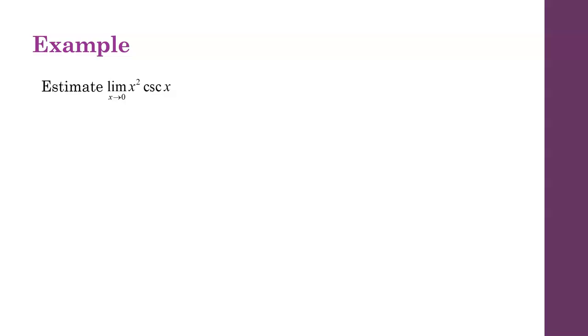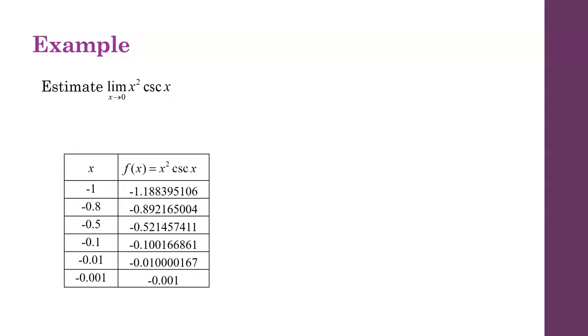And if I follow the same process, if I look at the values of the function as I plug in those x values into x squared cosecant of x, these are what I would get. And notice in this case, the value of the function is not getting closer to 1. In fact, it's getting farther from 1, and it's getting smaller and smaller, and getting close to 0.